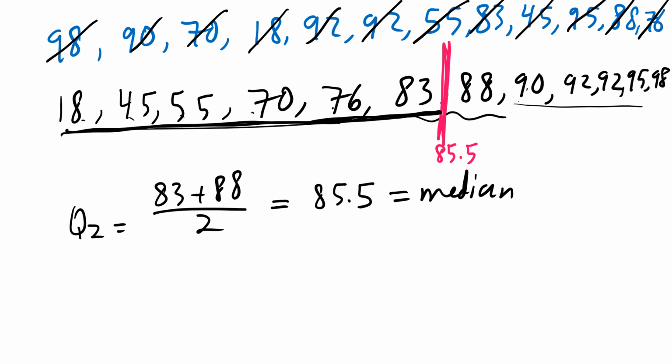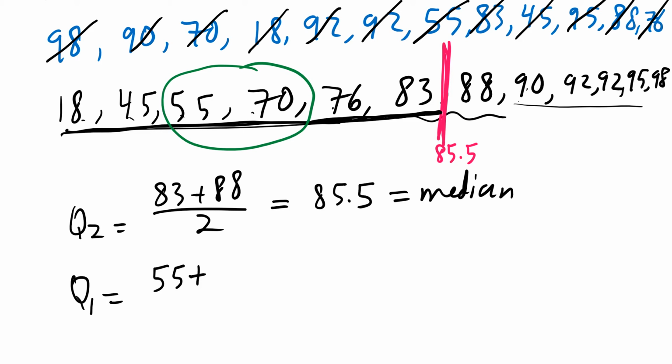So 83 is included with the lower data. Where's the median? There's no middle value, so we do the same thing. We look at the middle values, these two, and average them. That gives me Q1. Q1 is 55 plus 70 divided by 2, which is 62.5. So this is the first quartile.